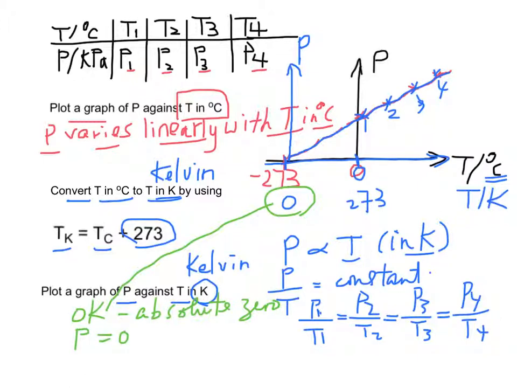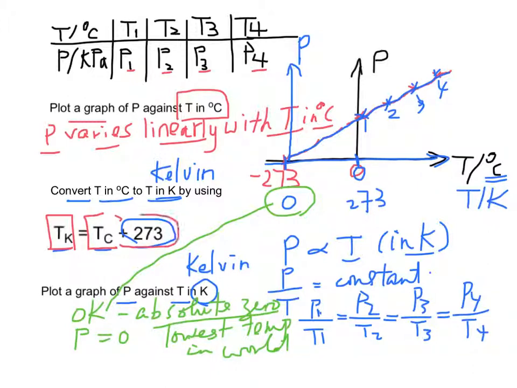Therefore, absolute zero, 0K, is the lowest temperature in the world. No temperature can be lower than this. Absolute temperature Tk equals Celsius temperature Tc plus 273.